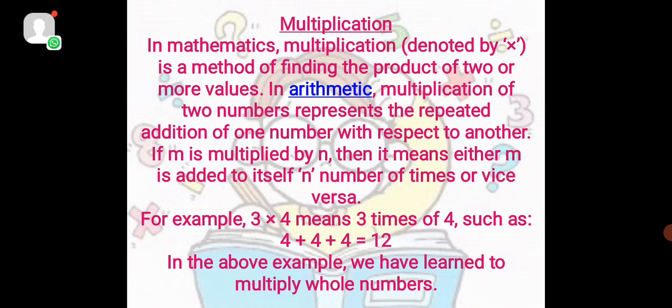In arithmetic, means in mathematics, multiplication of two numbers represents the repeated addition of one number with respect to another. So we can say multiplication is another name for repetitive addition.